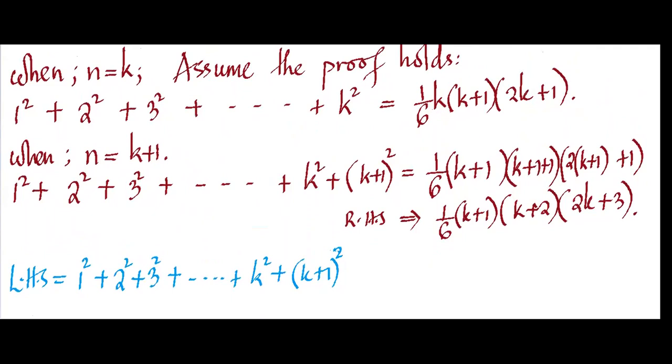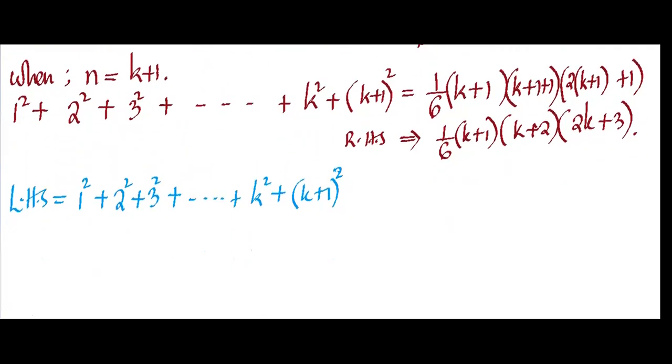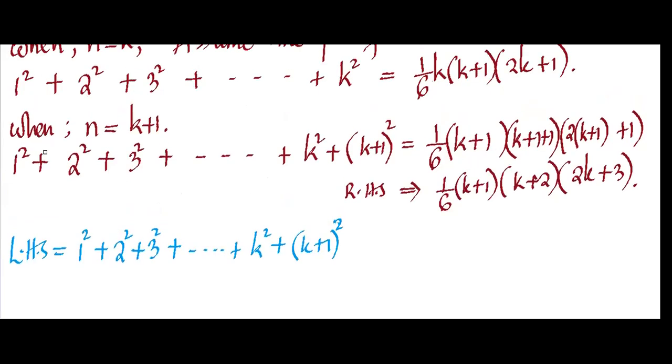It's 1/6 k into brackets k plus 1 into brackets 2k plus 1.